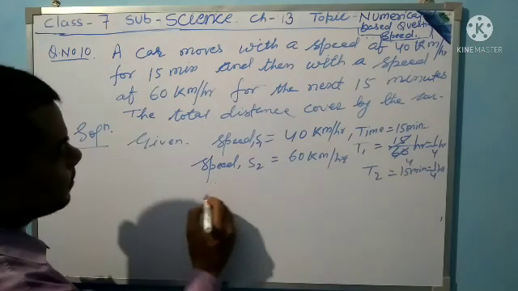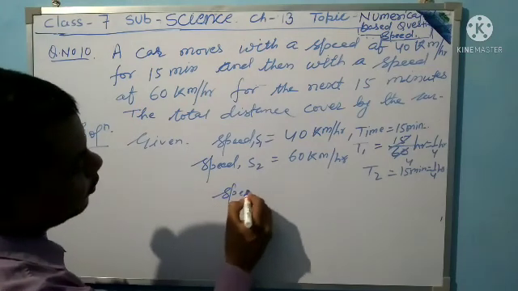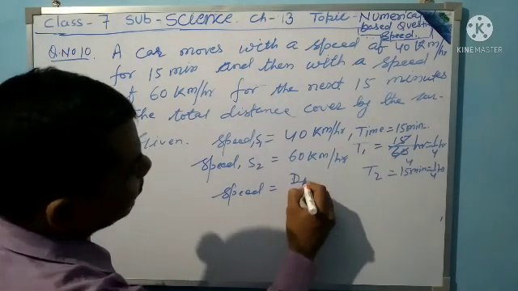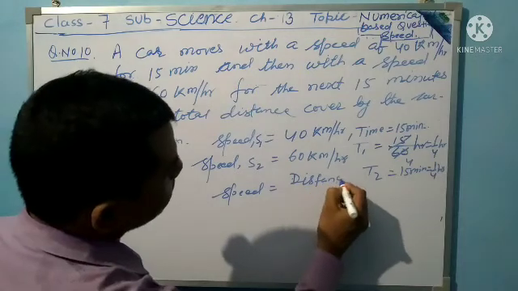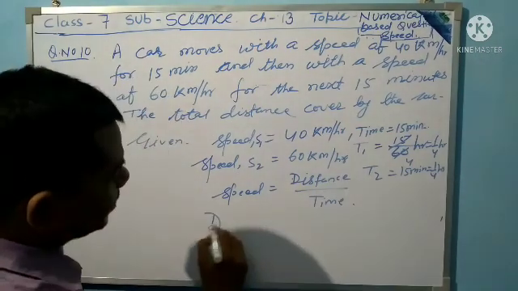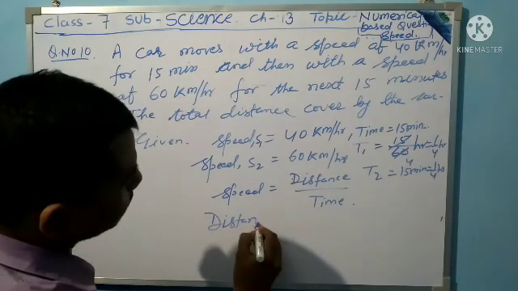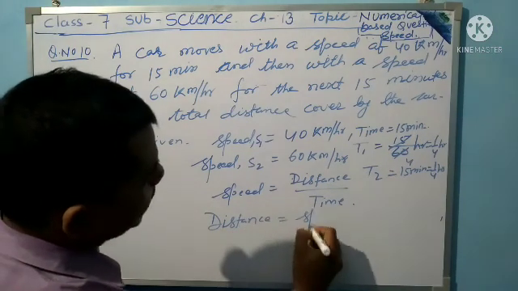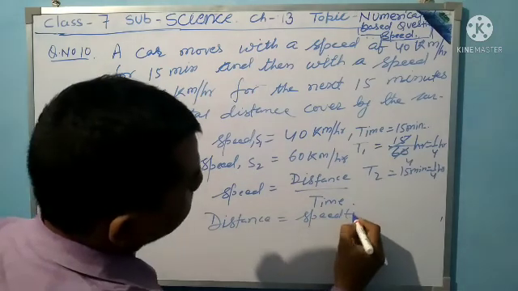We know that speed is equal to distance by time, so distance is equal to speed into time.